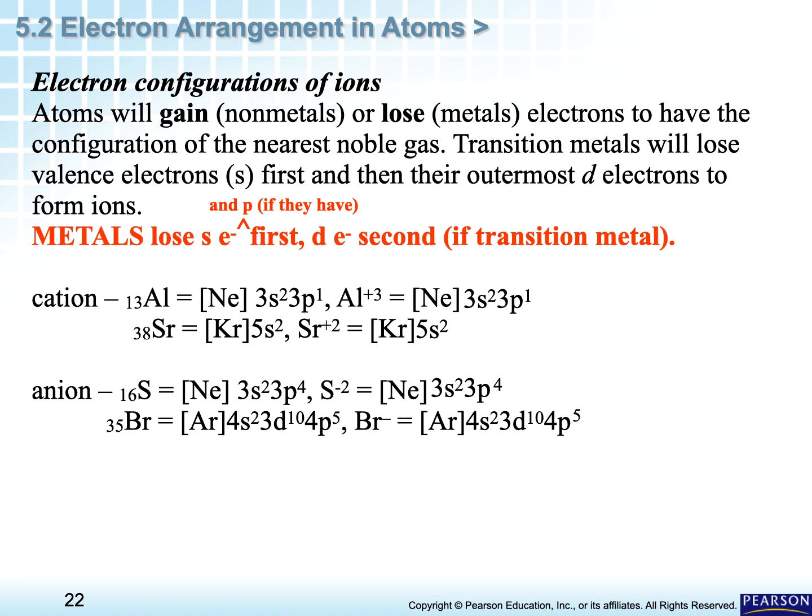So watch what happens to my neon 3s2 3p1. To form a +3, I have to lose 3 electrons, the 3p1 and the 3s2. They're gone. What's left? Neon, which, remember, when electrons are going to form ions, they're going to be the nearest noble gas. And the nearest noble gas to 13 is number 10, neon.